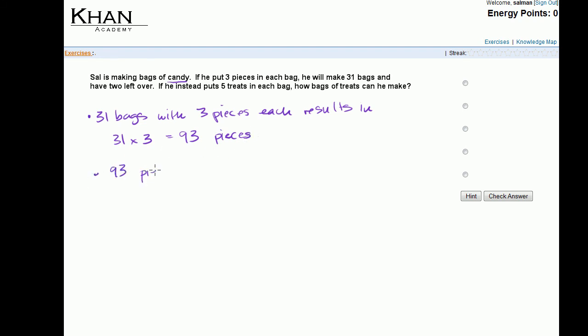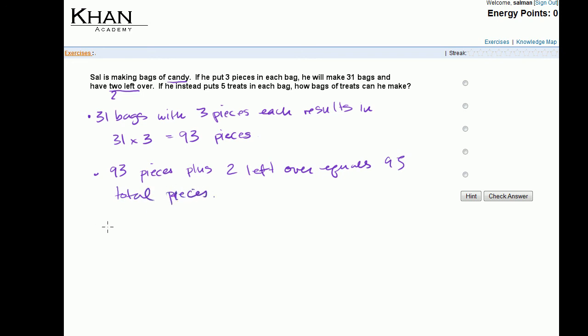93 pieces plus the 2 left over. We might want to write that as a number 2. Plus 2 left over equals 95 total pieces.